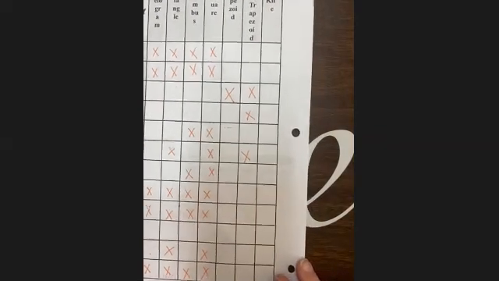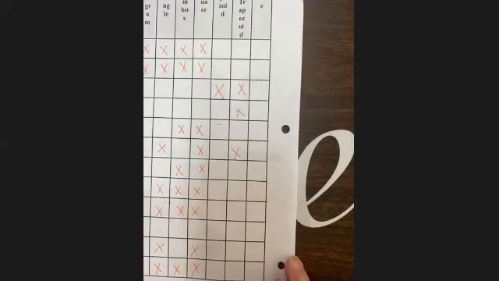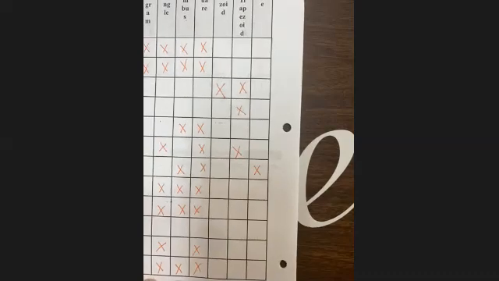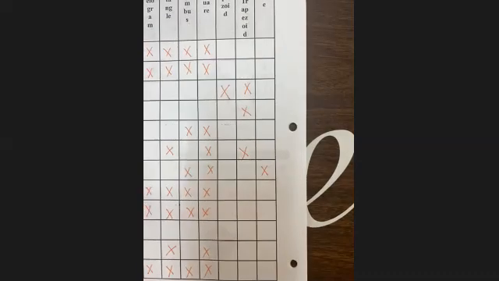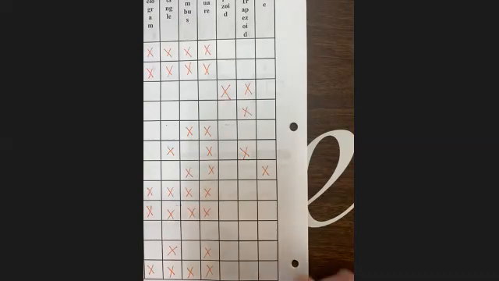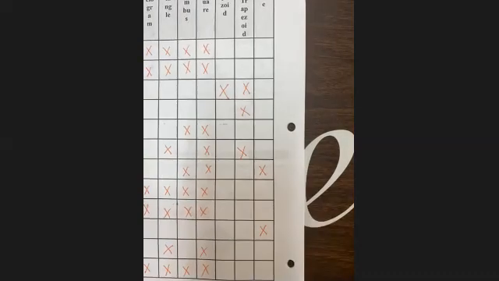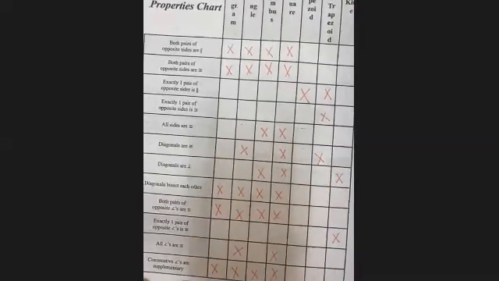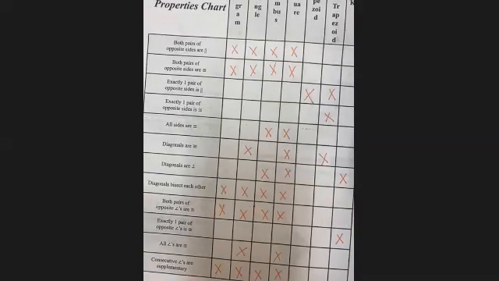And the last one is a kite. The only thing that we know about a kite is that the diagonals are perpendicular, so that's there, and that there's exactly 1 pair of opposite angles congruent. So that's 3 from the bottom, right there. Okay, so that is your chart. Use it how you want to help you study, or quickly look back to see what's true about a given shape.